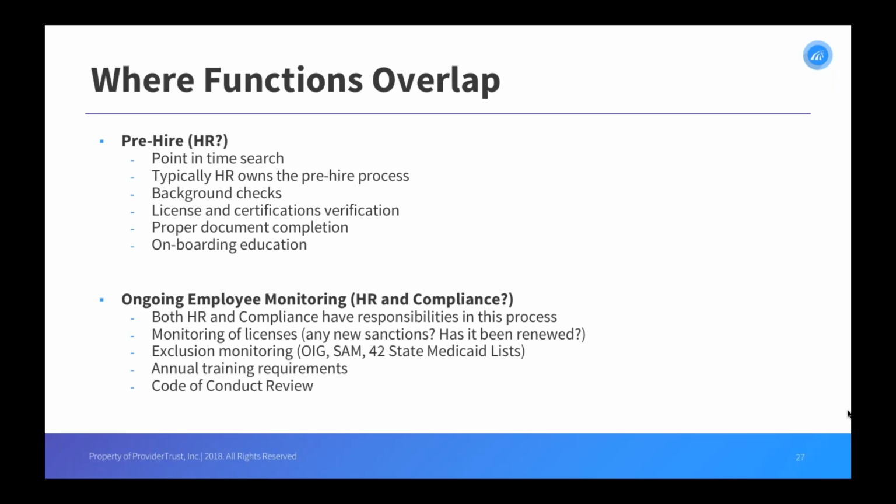Things change over the course of a year, and we look to HR to help compliance see some areas that maybe weren't explained well enough in the previous code of conduct or aren't covered sufficiently in the employee handbook, really working together to make sure that the tools we're sharing with our staff have both voices equally shared within the organization.